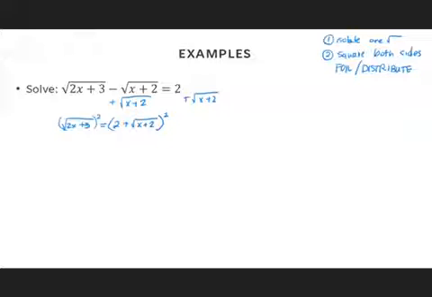Again, this is not 2 squared plus x plus 2. We're taking the entire side and squaring the whole thing. So when I square the left, that one's easy. I just end up with 2x plus 3. But on the right, I'm doing this thing times itself.